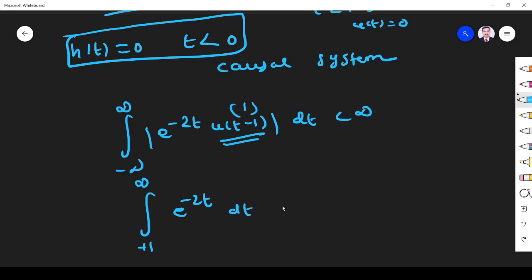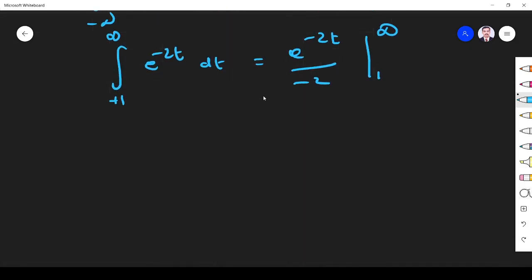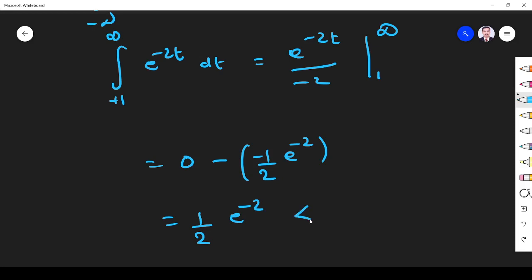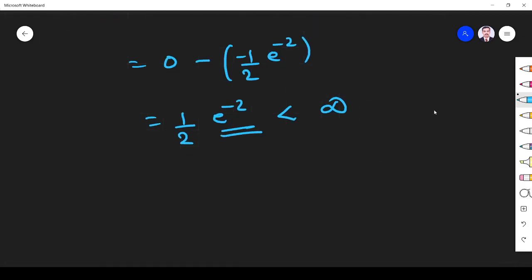Okay, so this will become e power minus 2t divided by minus 2, from 1 to infinity. Substituting the limits, it will be 0 minus, that is, 1 by 2 e power minus 2 into 1, e power minus 2. So it will become 1 by 2 e power minus 2, which is less than infinity. e power minus 2 is some finite number, so surely it is less than infinity.